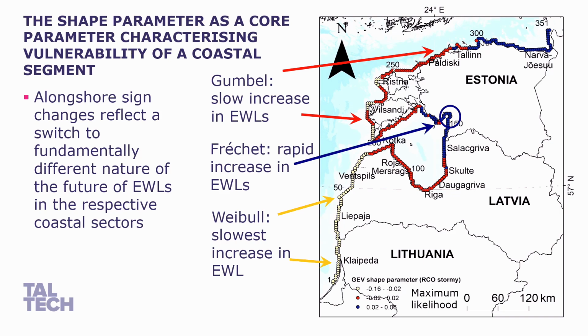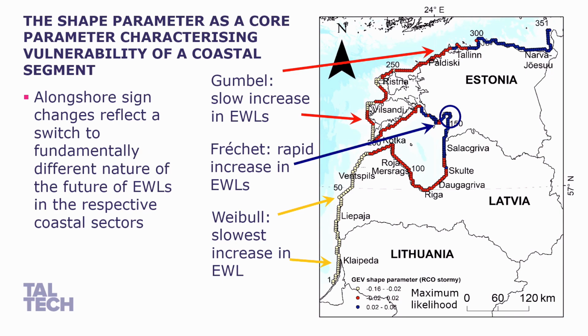The GEV shape parameter based on one projection, the RCO data, varies substantially along the study area. And here it is visible that the points marked with red should follow the Gumbel distribution, and there the increase in extreme values in time should be slow, but still existing.